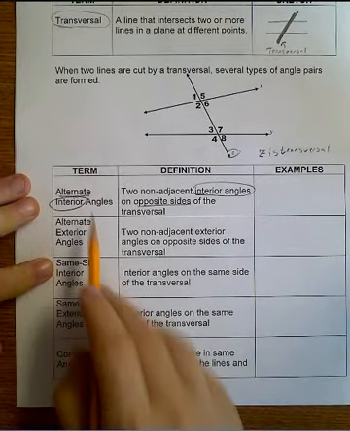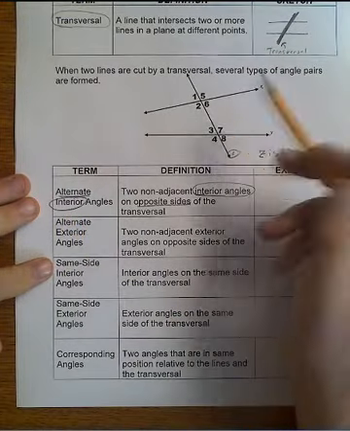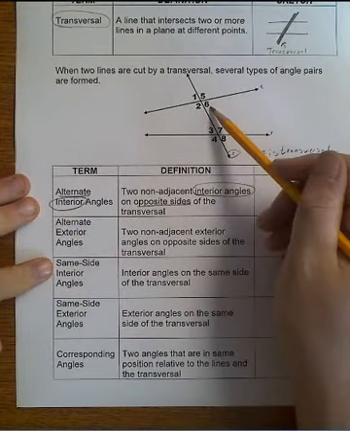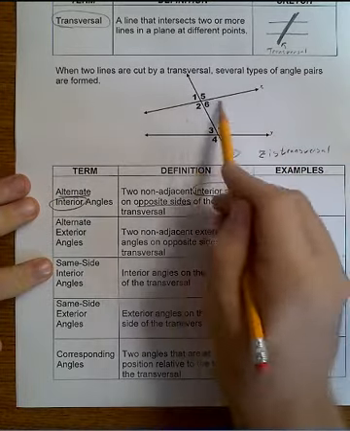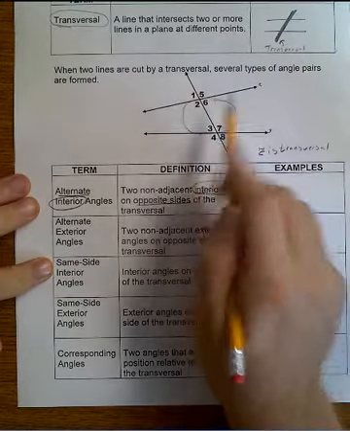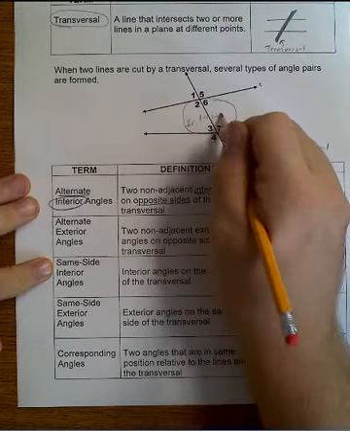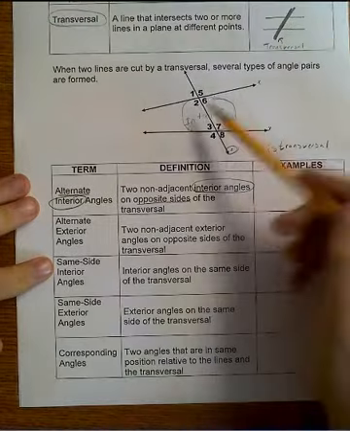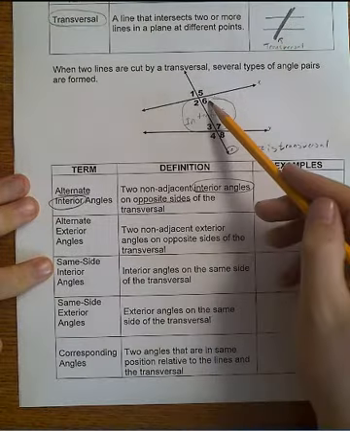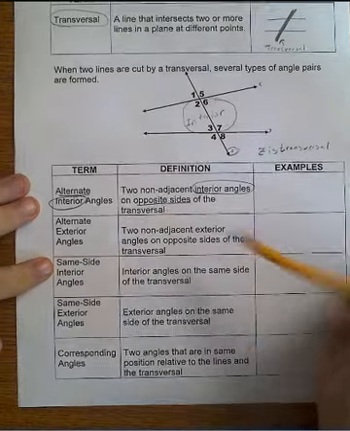So if I want alternate interior, I'm going to start with an interior angle, like number 6. It is inside of my two lines. These are my interior angles. Now, if I pick angle 6, the alternate one with it is not 2. We want them to be non-adjacent.